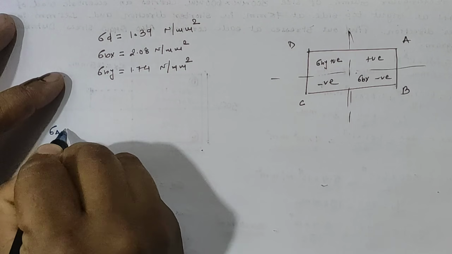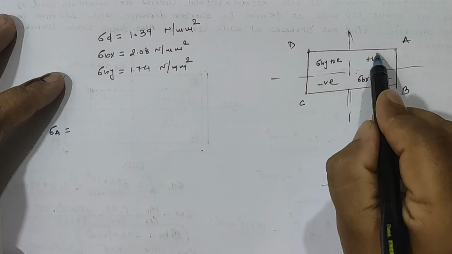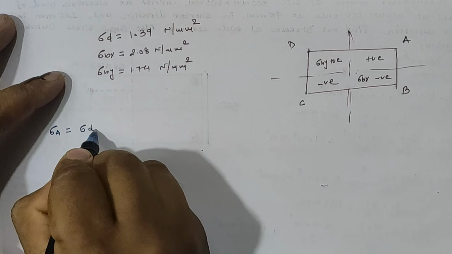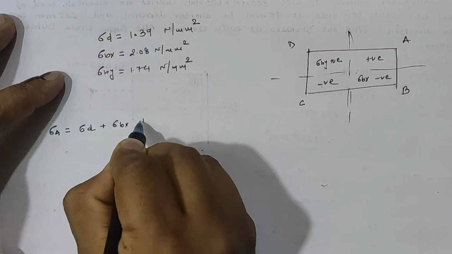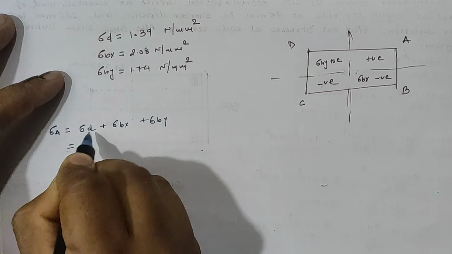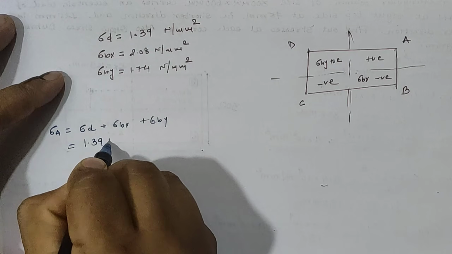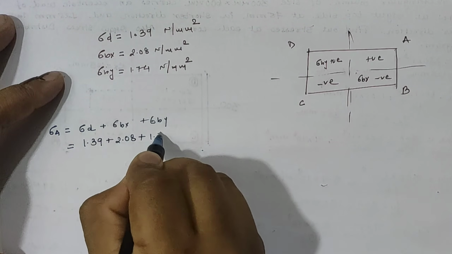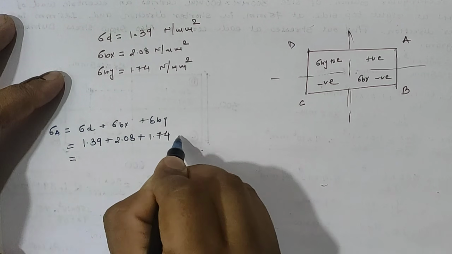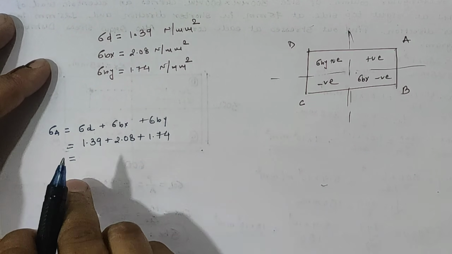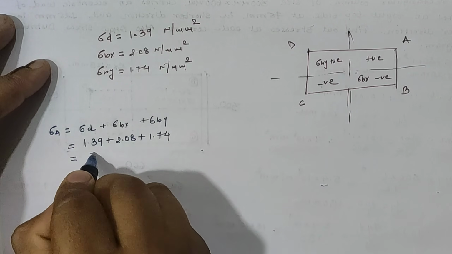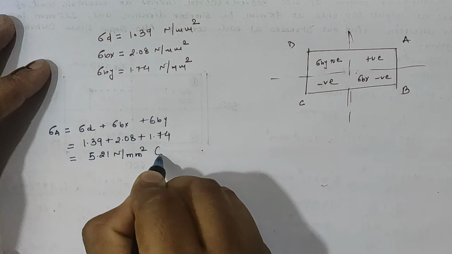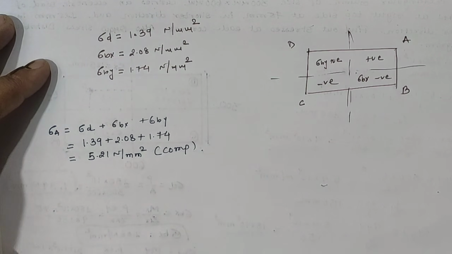Now for corner A, both the values for Bx and By are positive, and total stress is sigma D plus sigma Bx plus sigma By, that is 1.39 plus 2.08 plus 1.74. Summing up all the values, we have sigma A as 5.21 Newton per mm square, which is positive, hence our stress is compressive.